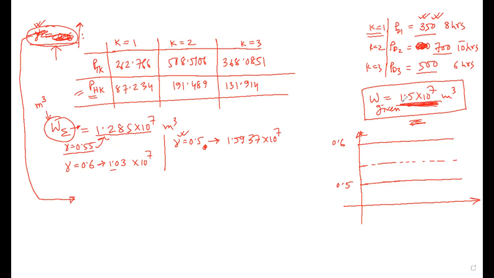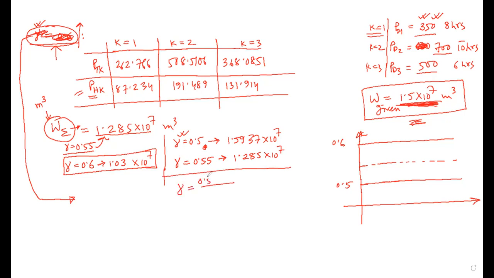So what we will do, we will now forget about this value. We'll update gamma equal to 0.55, with W 1.285 into 10 to the power 7. And now we will take the average of these two, so it will be 0.5.